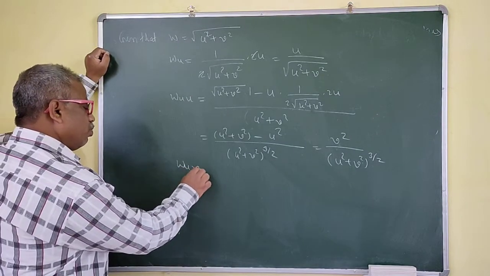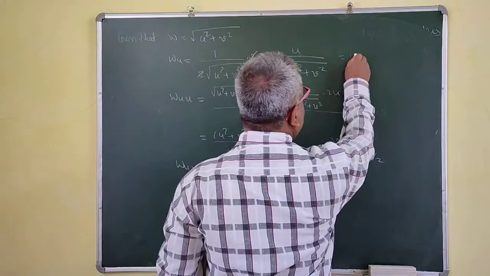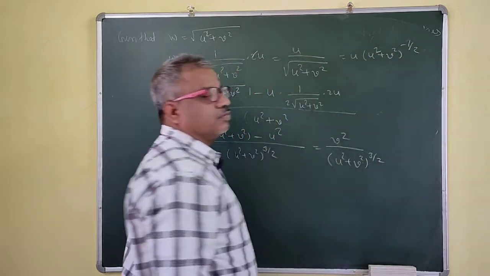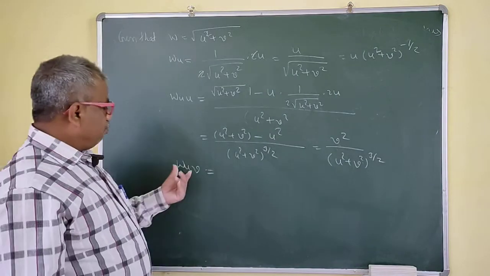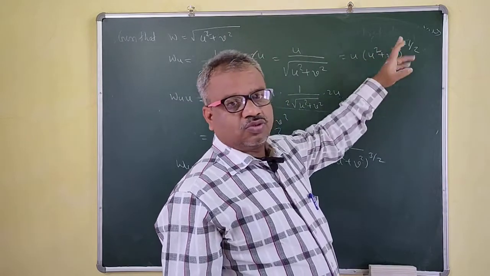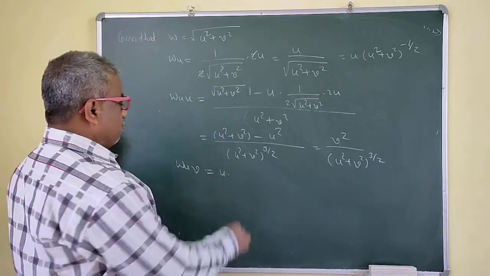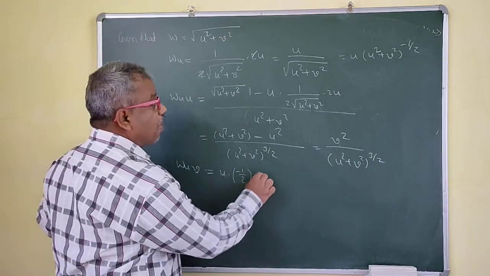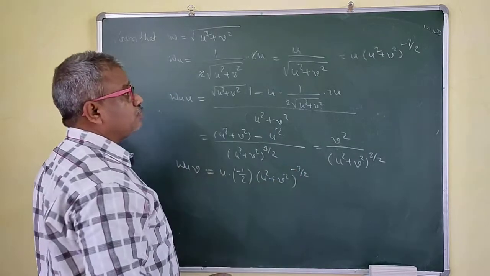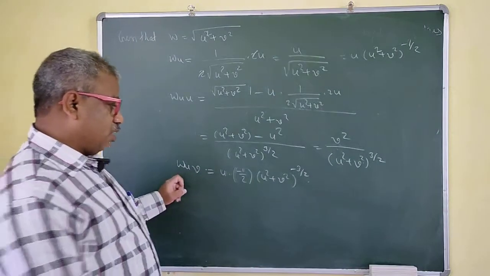Now we will differentiate this with respect to v. For simplification we write u times u square plus v square to the power minus half. We are differentiating with respect to v, so u is constant and only this is the function, so no need to apply the product rule. u will be as it is, then the power, we write minus half in bracket, then reduce the power by 1, so this is minus 3 by 2, into the derivative of u square plus v square with respect to v, that is twice v.